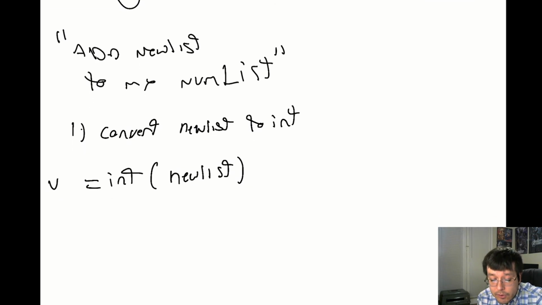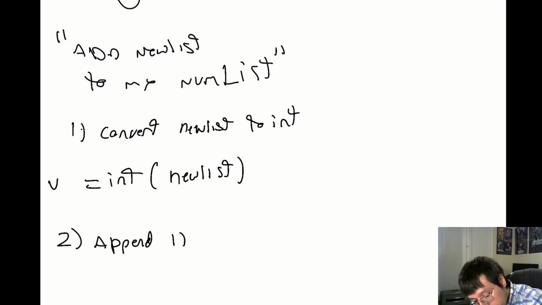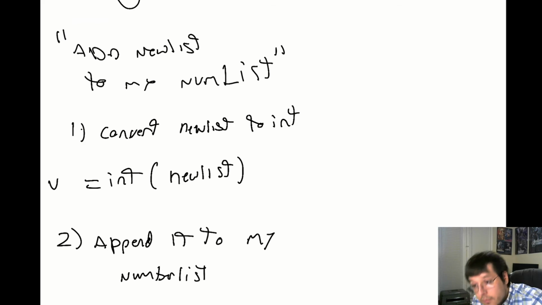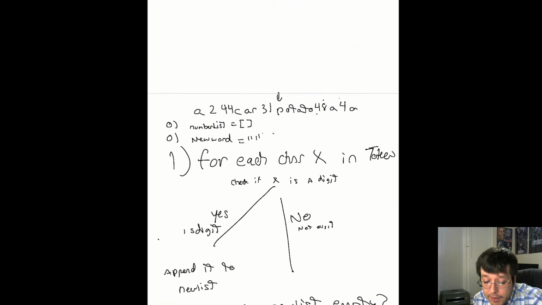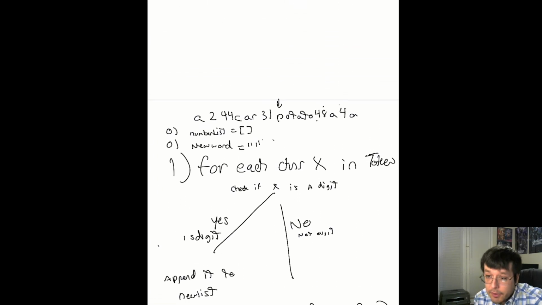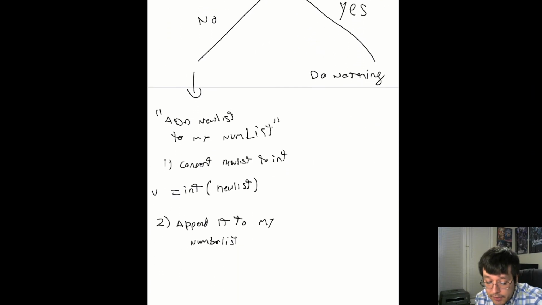That's the first thing I do. So I want to convert it, and then the next thing I want to do is append it to my number list. Okay, so that is me appending it to the number list up here, the one that's empty. All right. So that basically handles this side.